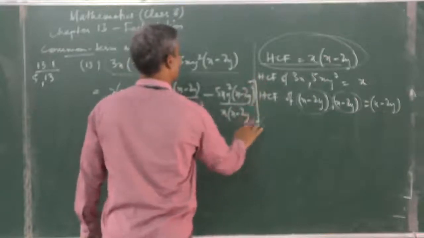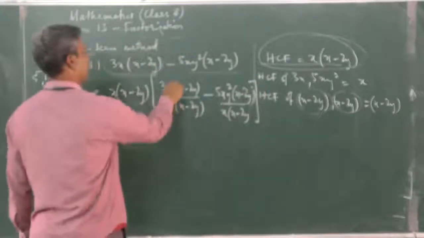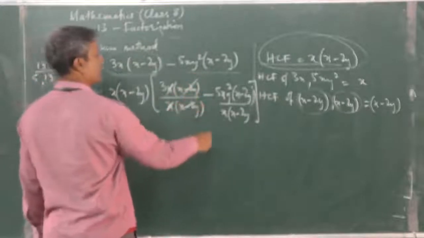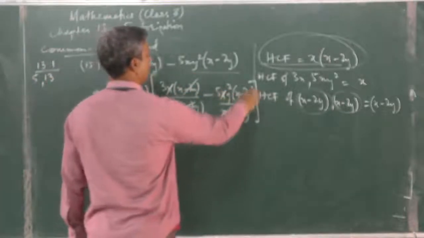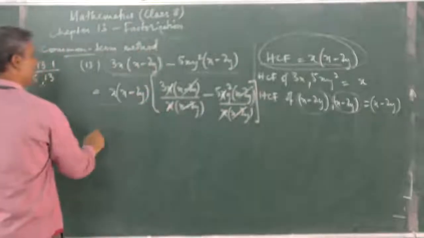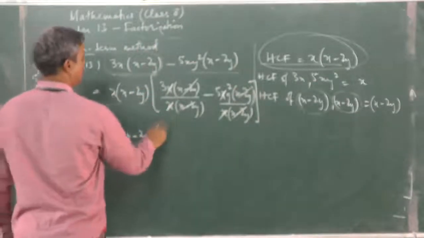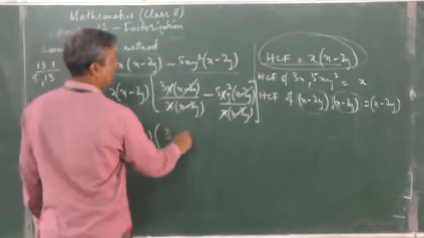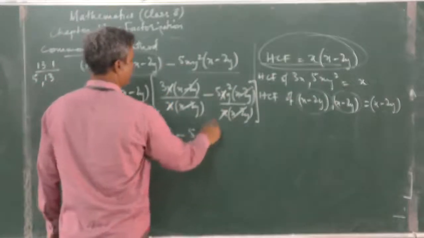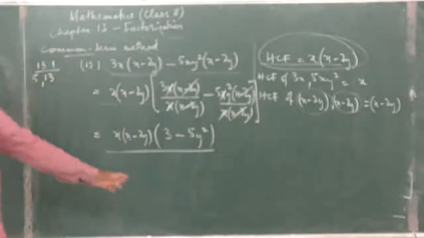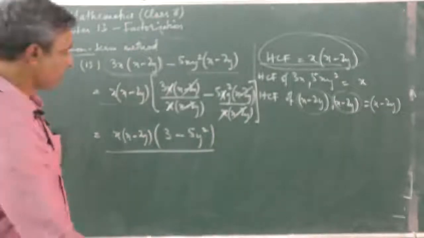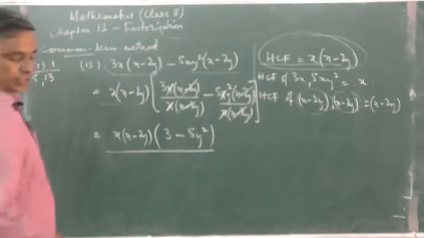Now let us see what happens here. x will cancel, x minus 2y cancels. x will cancel, x minus 2y will cancel. Your final answer, x into (x minus 2y) outside the bracket, and inside the bracket 3 minus 5y square. This is your factorization completed for question 13.